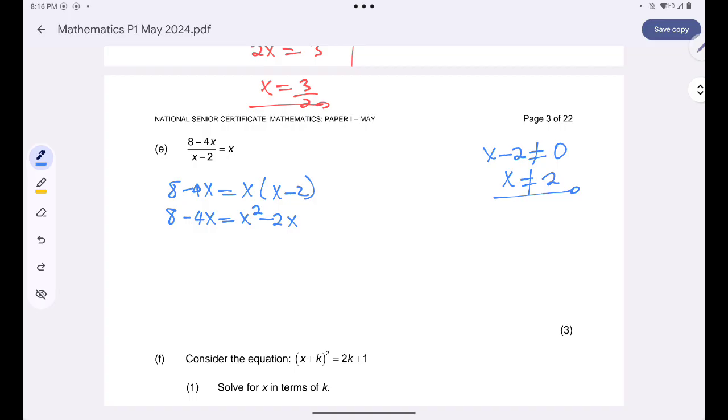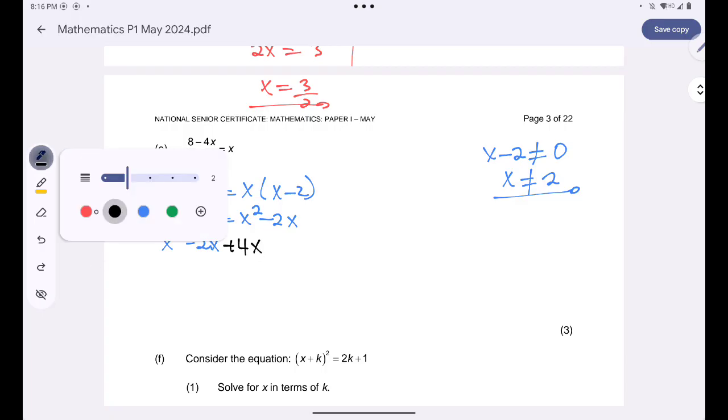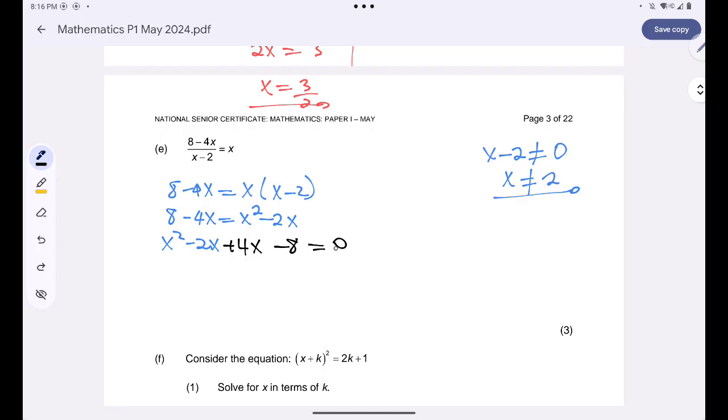The next step I need to do is to put everything in standard form. So I'll have x squared minus 2x plus 4x minus 8. This is equal to 0.